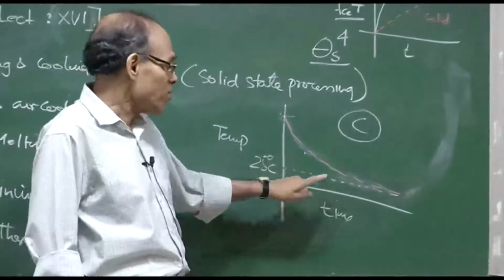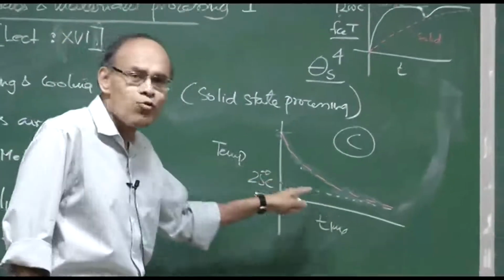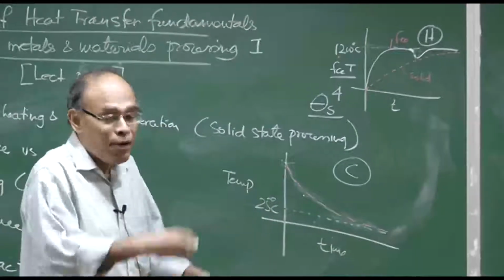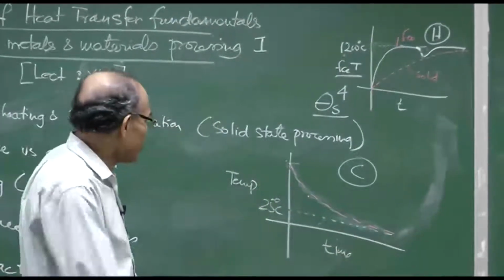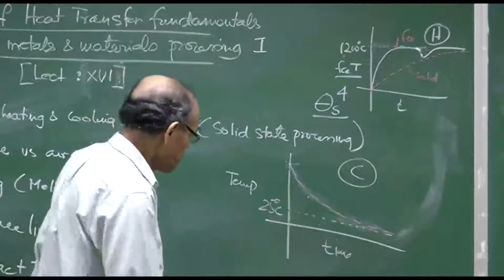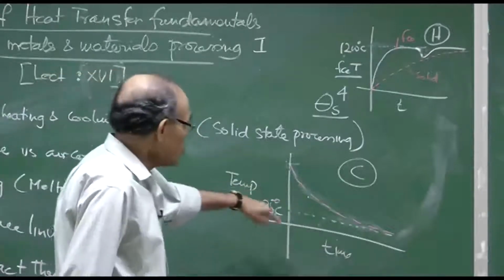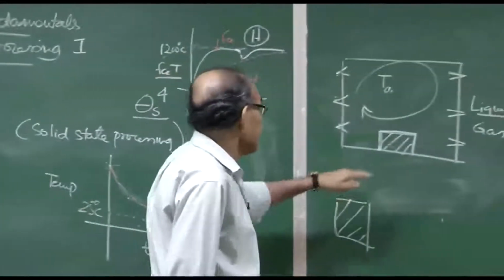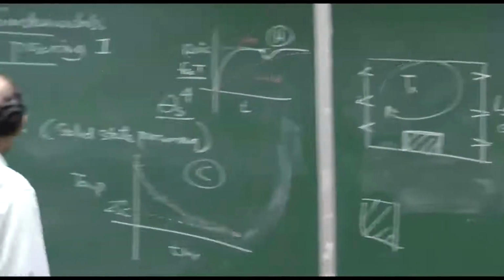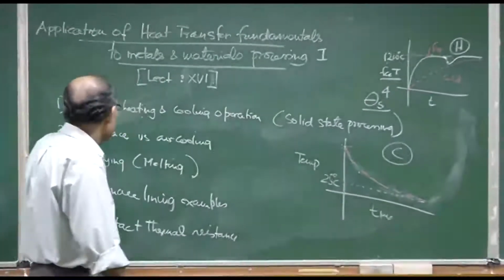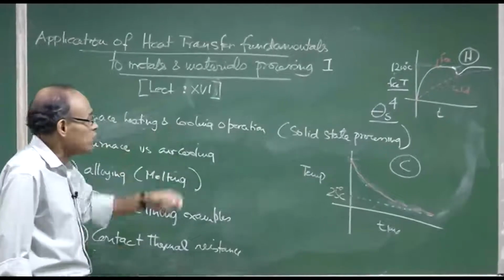That may be a parameter of interest, or at what rate it is cooling, and if I want to increase the rate of cooling, what I should be doing. All this information needs to be worked out when we talk of furnace heating as well as cooling operation.